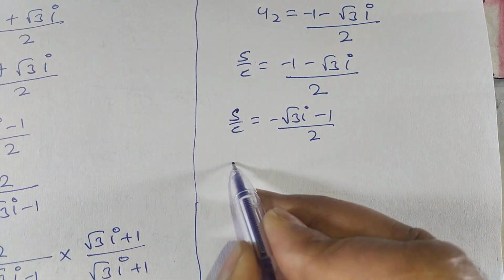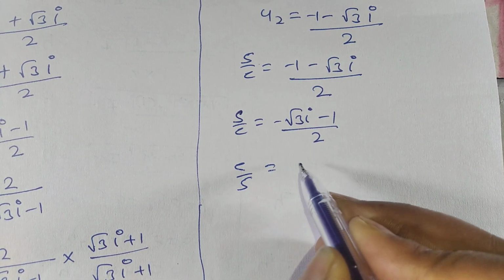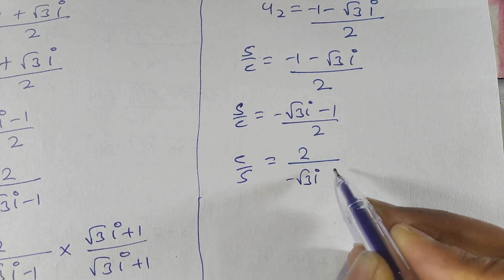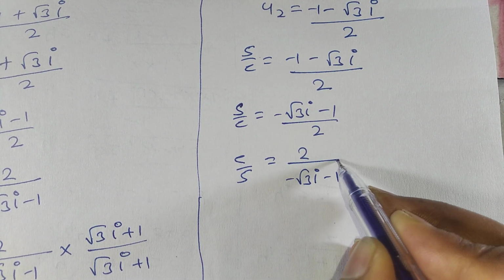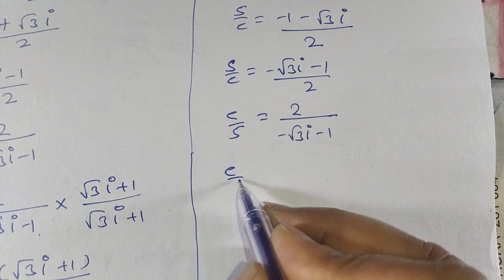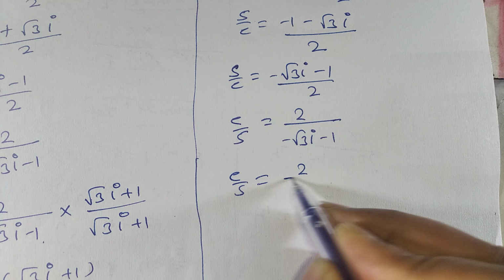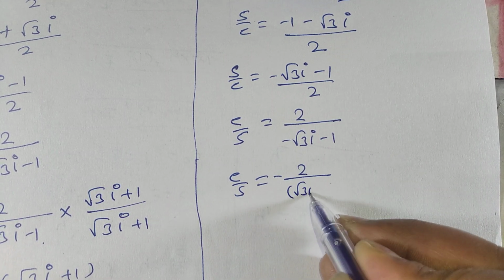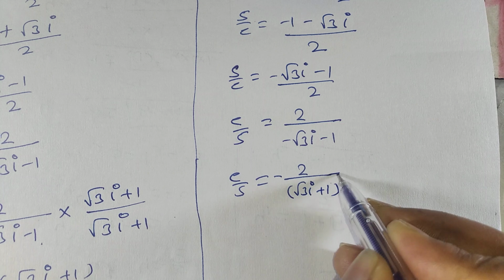Writing the interchange, C over 5 is equal to 2 over minus square root of 3 iota minus 1. C over 5 is equal to 2 over minus, taking as a common minus, square root of 3 iota plus 1.